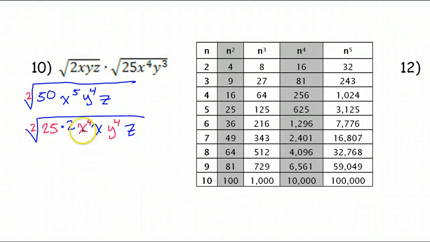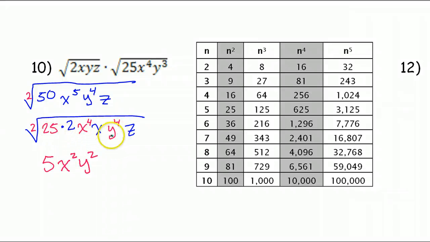So everything shown here in pink is going to simplify and come out front of the radical. So the square root of 25 is 5. Okay, the square root of x to the 4th is x squared because 4 divided by 2 is 2. For the same reason, the square root of y to the 4th is y squared, 4 divided by 2.